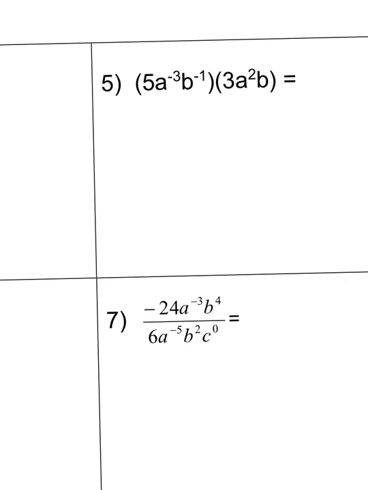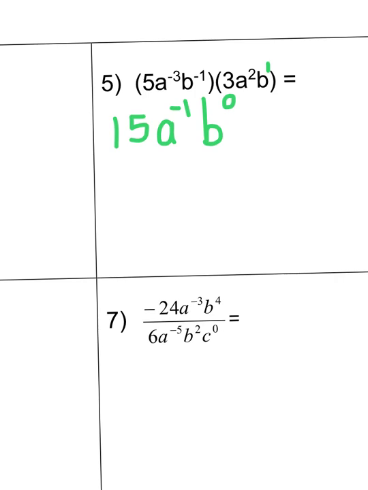Number 5, let's multiply our coefficients and add our exponents. We have a to the -3rd times a to the 2nd. That would be a to the -1st power. This is b to the -1st times b to the 1st. We add the exponents, which becomes b to the 0 power.